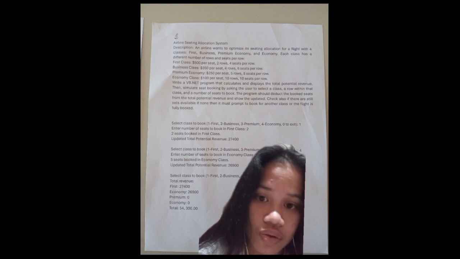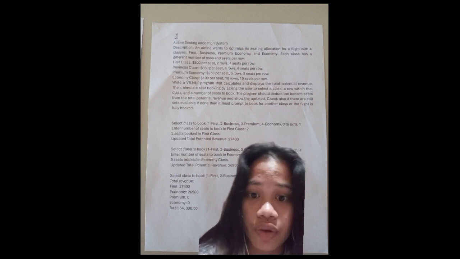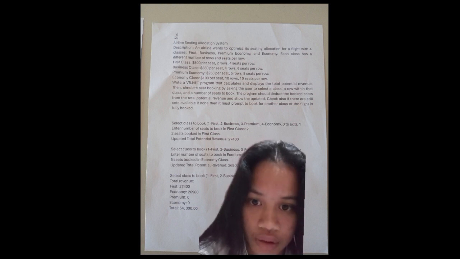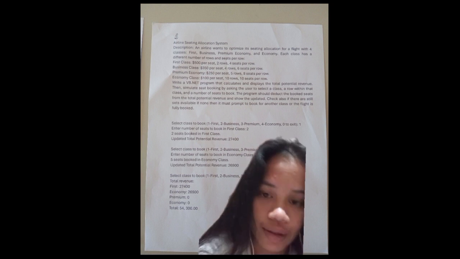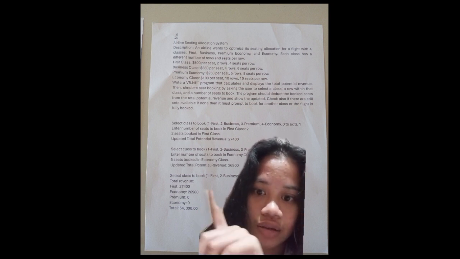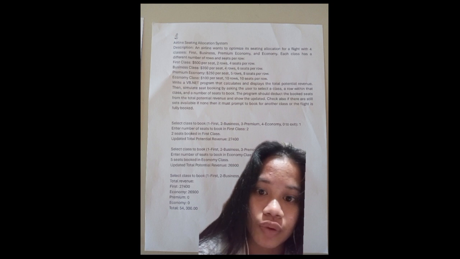And then the second is we need to ask the user for the number of seats they want to book. Then we display the seats booked, and then display the calculated updated total potential revenue.